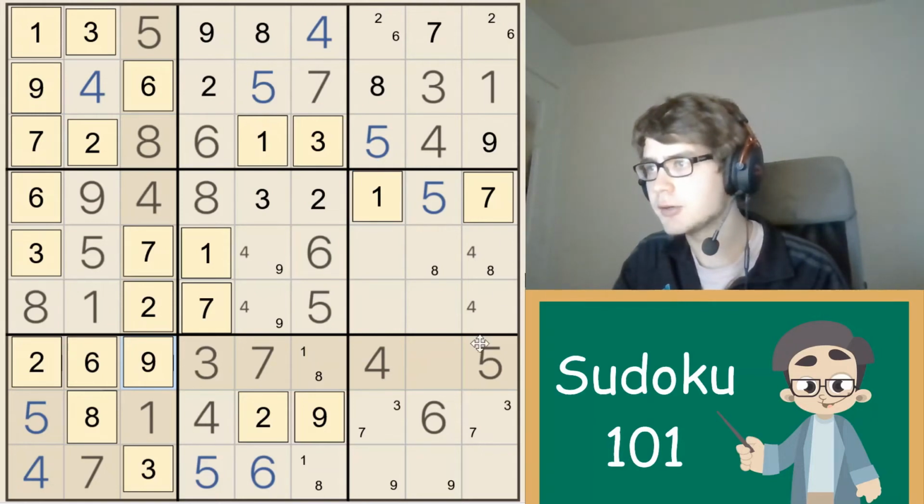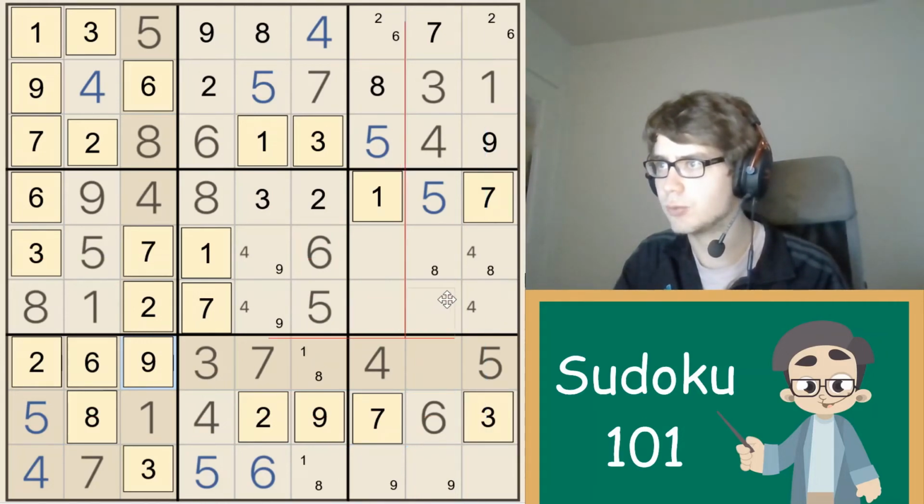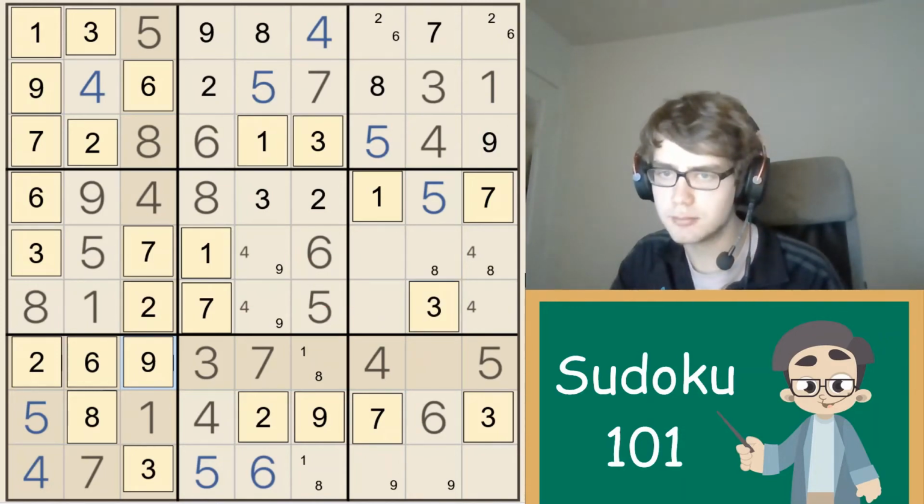Since there's a 7 here, 7 can no longer be here, and that means the 7 has to go here. 3 in turn has to go here, and that means the 3 has to go right down here, the last 3, and with that, all the 3s on the board are gone.